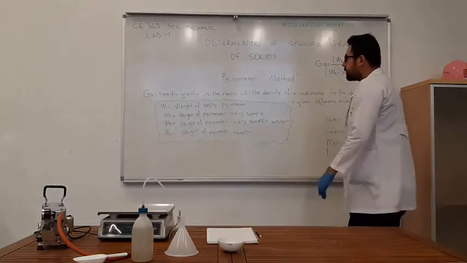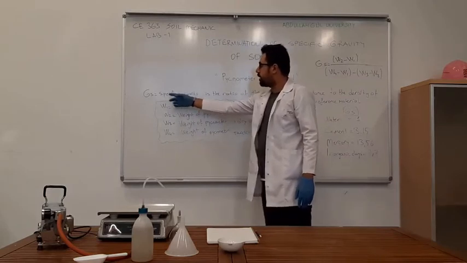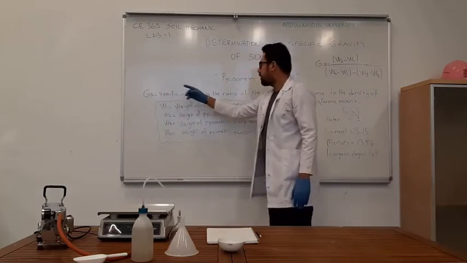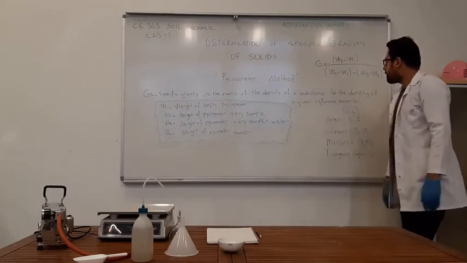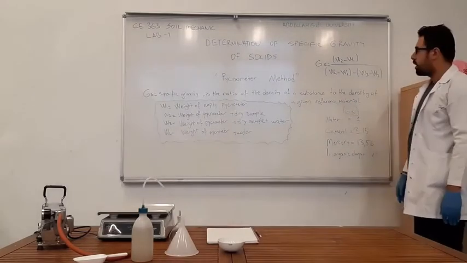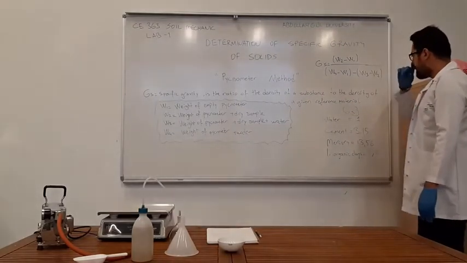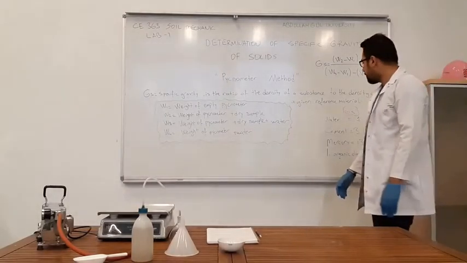Theoretically, the Gs, which is called specific gravity. Specific gravity is the ratio of the density of a substance to the density of a given reference material. So, here are some examples for the specific gravity.